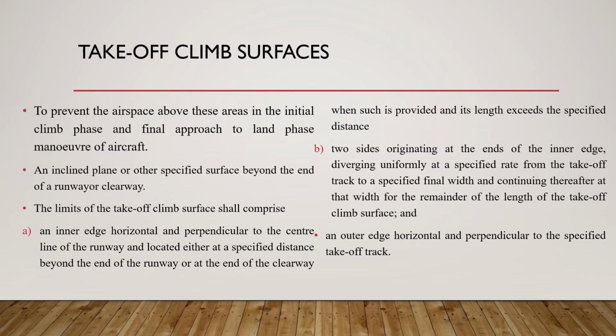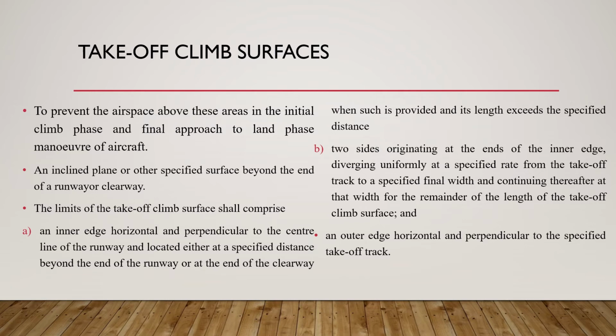And this surface will have two sides which originate at the inner edge and diverge uniformly on both sides at a specified rate, till it reaches a specified width and thereafter continues at this same width throughout the remainder of this surface.